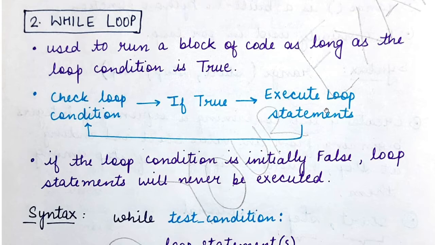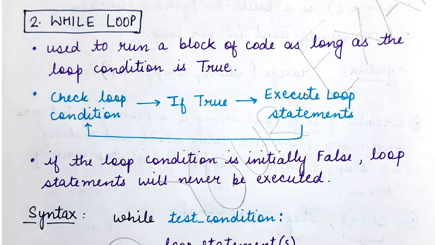The while loop, similar to the for loop, is used to repeat a set of statements multiple times, but unlike the for loop, the while loop does not iterate over a sequence of numbers. It may iterate, but it is not compulsory.